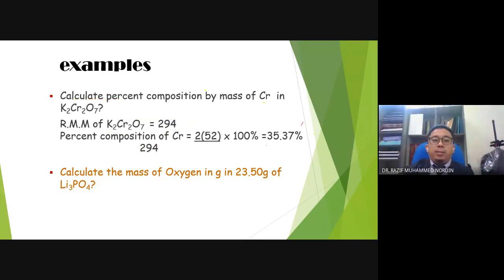Calculate the percent composition by mass of oxygen in potassium chromate, still using the same compound. Cuma kita tukar di sini, chromium ni, kita guna oksigen. So sekarang ni, berapa persen dia?